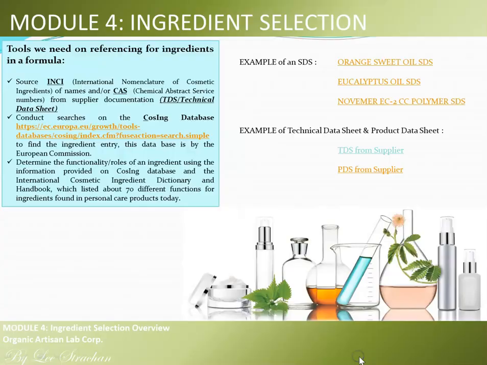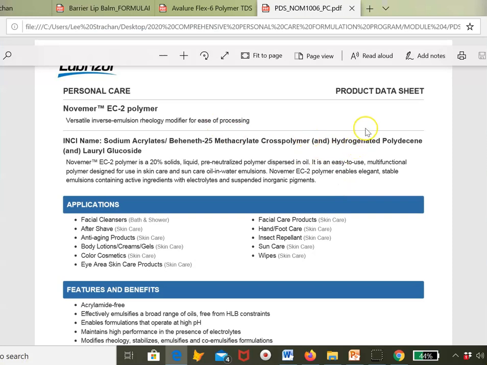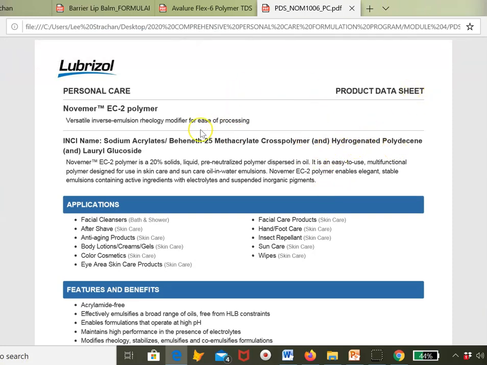Going back, let's check on PDS from supplier or product data sheet. Okay, here's an example of product data sheet. Still, it contains the information, the INCI name of the product. This is the trade name of the product, Novemer EC2 polymer.